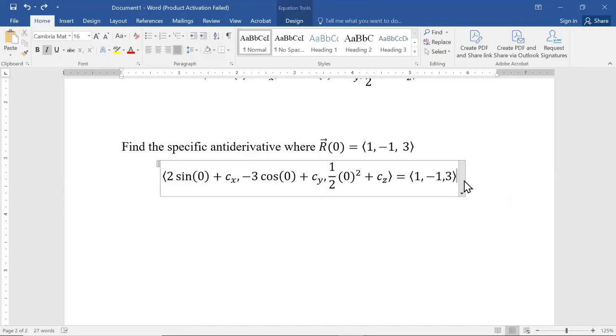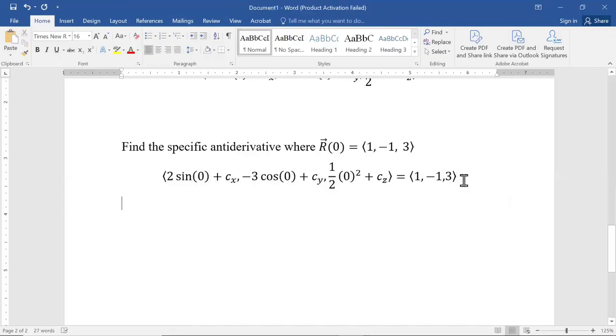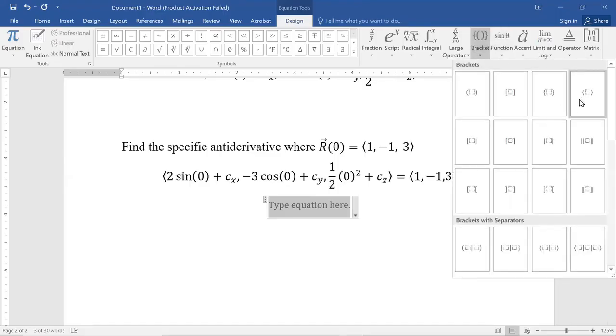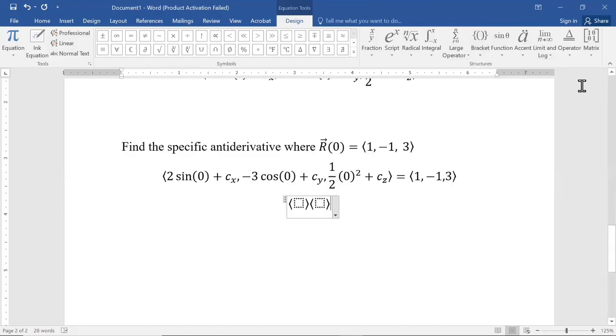On the left, be careful about this because on the left, we have a vector, but remember, sine of 0 is 0. Cosine of 0, on the other hand, is 1. So on the left, I get 0 plus c sub x, constant in the x component, -3 times 1 plus constant in the y component, and then constant in the z component.